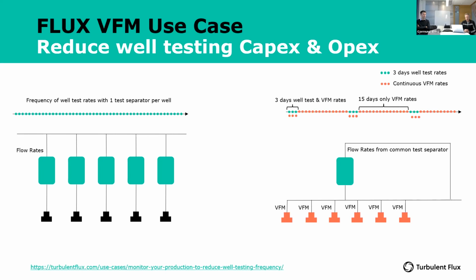And then you do intermittent testing, which is typically offshore, not so typically onshore, but then you use the intermittent testing to validate and make sure your virtual flow metering is accurate and performing as expected. So obviously you then save a lot on investment and operations of the separators when you can reduce the number of units.